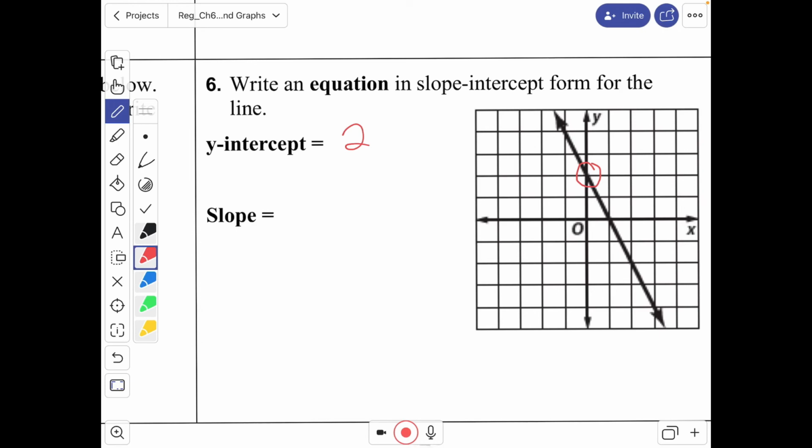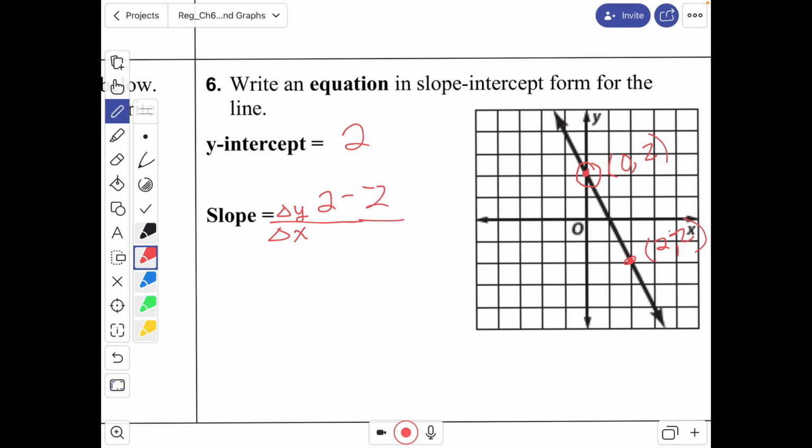The slope is where we either need to draw our right triangle or find 2 points to subtract. I'm going to find 2 points to subtract. So let's go with this one and this one. So that one is 0, 2, and this one is 2, 2. Wait, the y's are 2 minus -2.